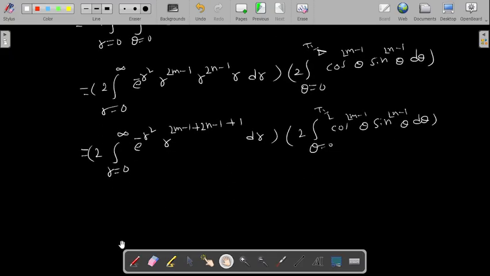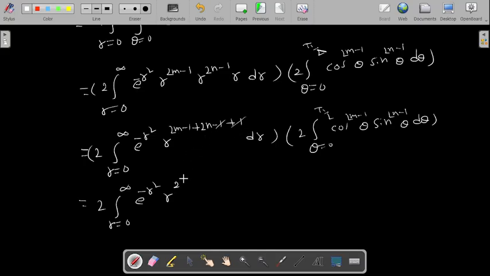So now here this will be 2 into integral r equal to 0 to infinity, e power minus r square, r power, plus 1 minus 1, this is subtracted.